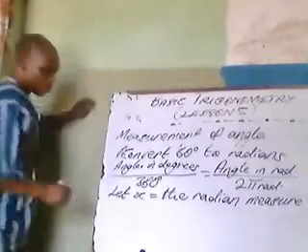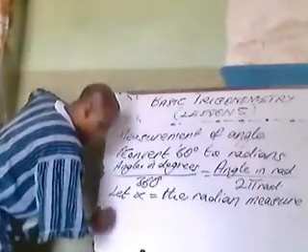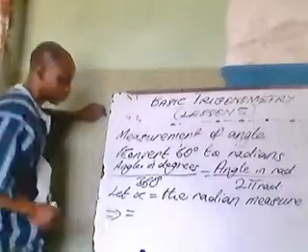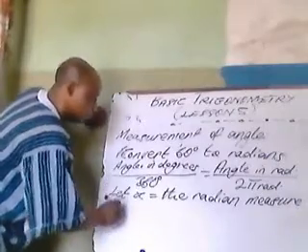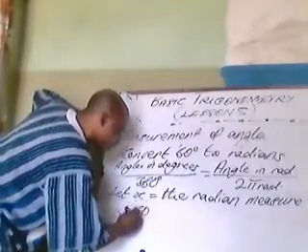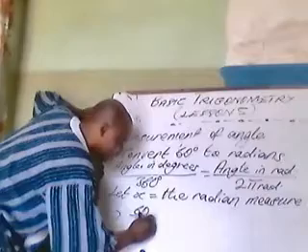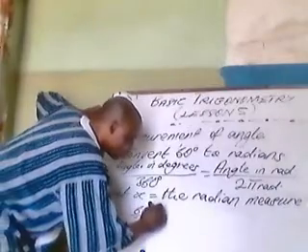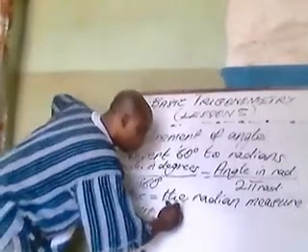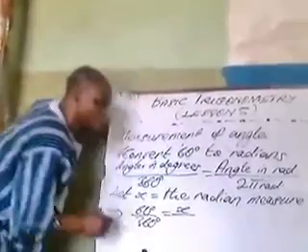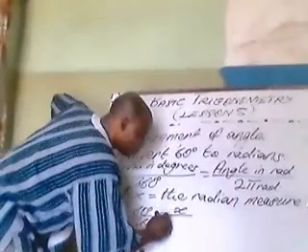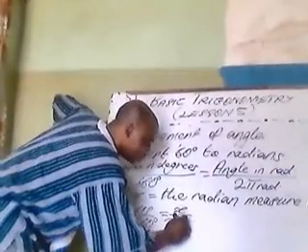So by substitution we will get 60 degrees divided by 360 degrees being equal to x divided by 2 pi radians.